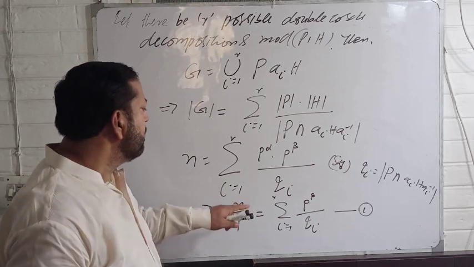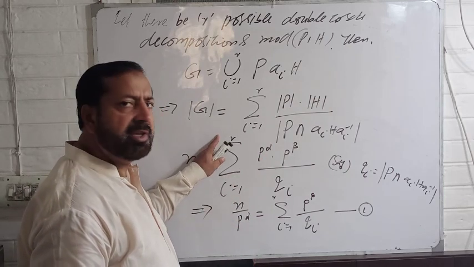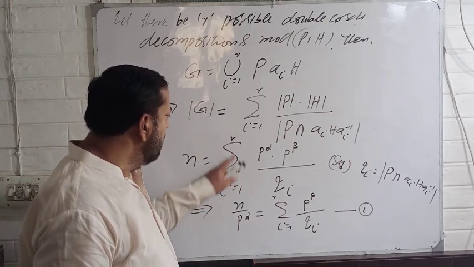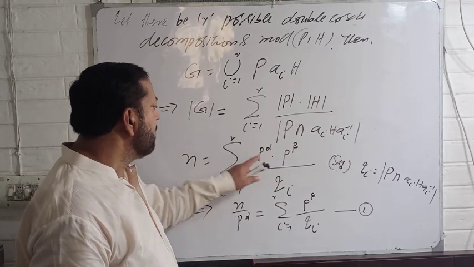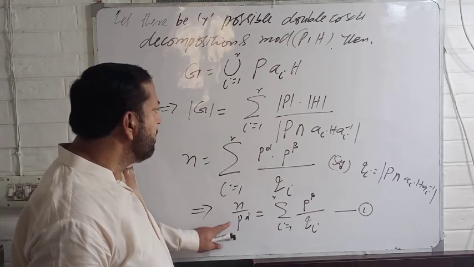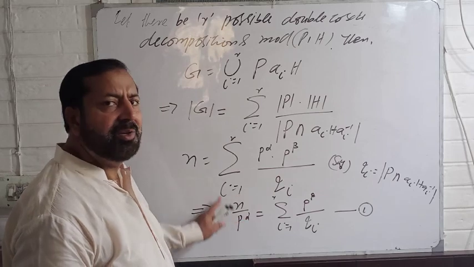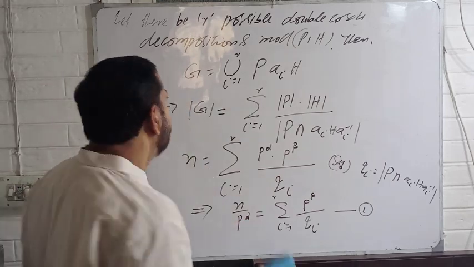Again you know that alpha is independent of this summation, because the summation is over i, and i varies from 1 to r. That's why P power alpha is independent of this summation, so you can divide. And what is n over P power alpha? This is your capital N, this is your small m, the index.